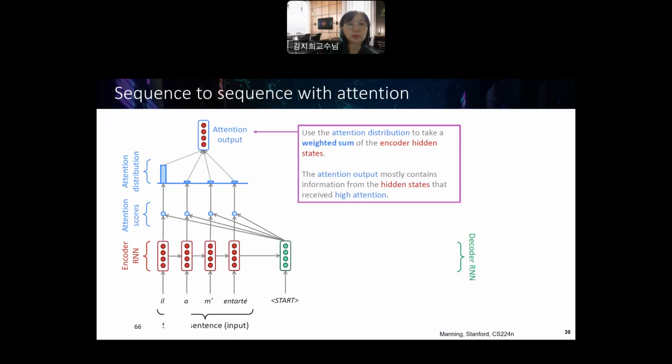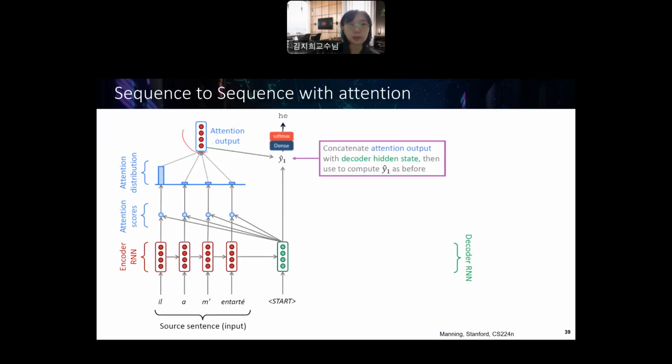Then we go back to the original and multiply by these attention distribution scores, and this will be the attention output, a weighted sum of the encoder hidden states. Since in this case the first one has the highest attention score, this will have the most information about the first state, and little information about the rest.